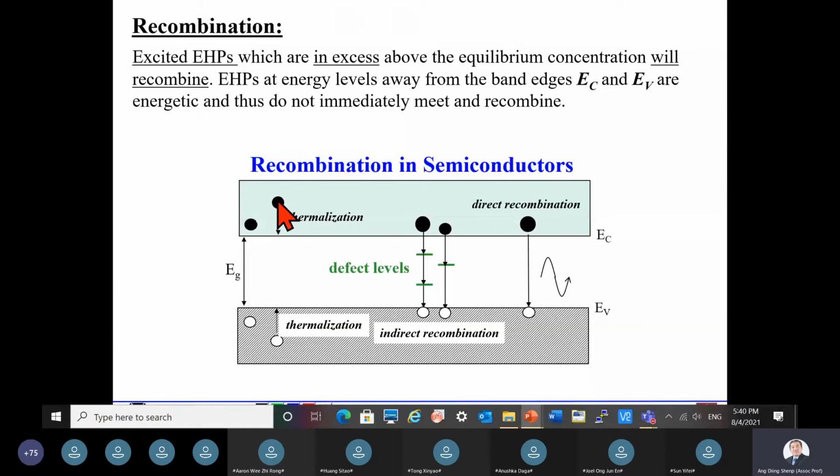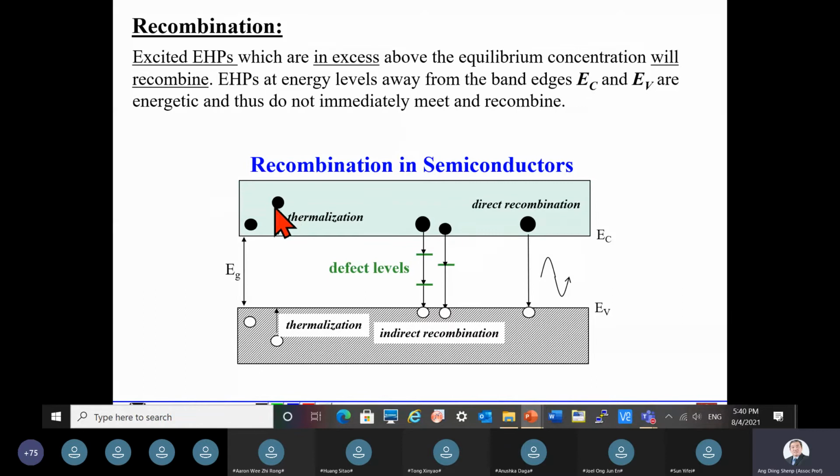An energetic electron is an electron that possesses excess energy above the thermal equilibrium value. In other words, if you consider thermal equilibrium, most of the electrons are situated very close to EC. All right. So if we apply electric field, the electric field can accelerate the electron, giving it kinetic energy. In that sense, the electron will have excess energy above its thermal equilibrium value.